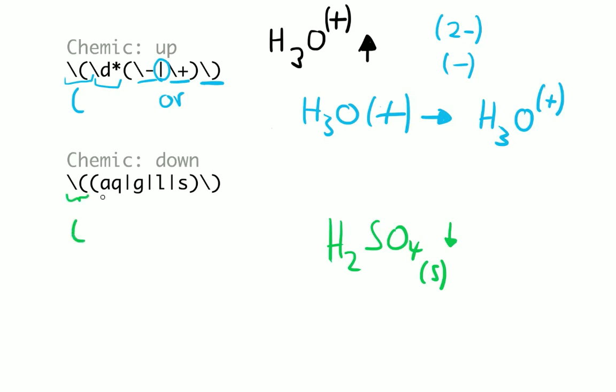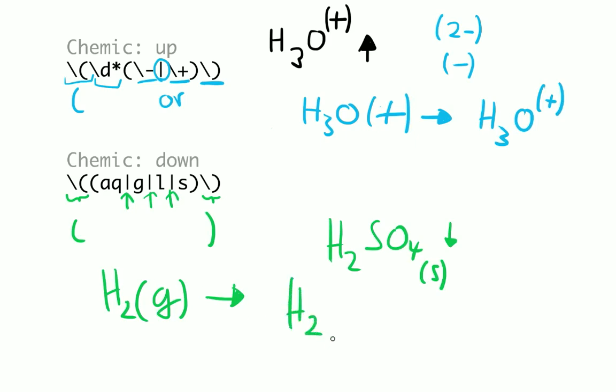And then we have several conditions that our elements can be in, and they're divided again by our or signs here. And finally, we have our closing bracket. And if InDesign finds something that meets the conditions, for example, H2 and it's gas, like this, it will format it in subscript and pull this G down, so we end up with H2 and a G down here.